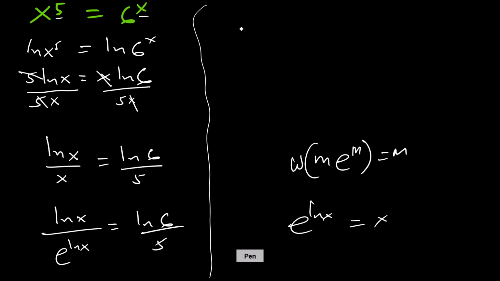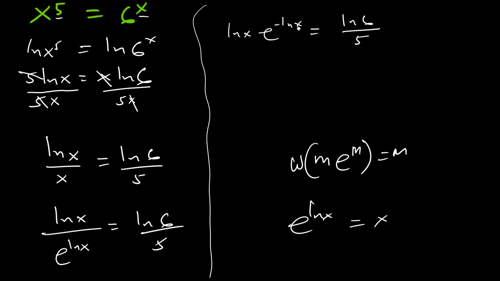Alright, so let's write this one in linear form. So we can say ln of x times e to the exponent negative ln of x equals ln of 6 over 5. Before we can take the Lambert W function, we have to make sure what is here and what is there are equal.